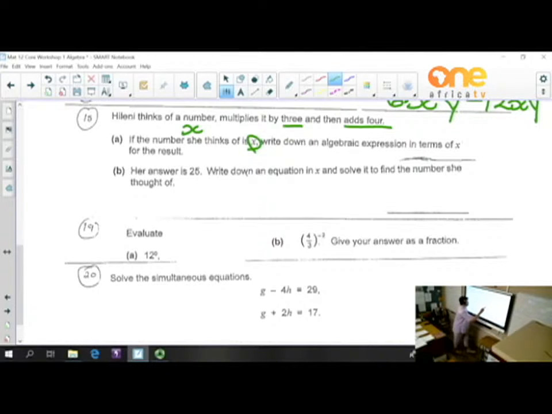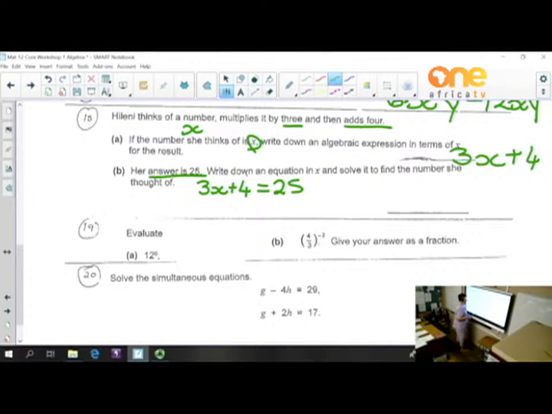If I multiply this by 3, then I will have 3x, add 4, plus 4. That's all that we do there. Her answer is 25. So this is 25. So we can say that 3x plus 4 is equal to 25.